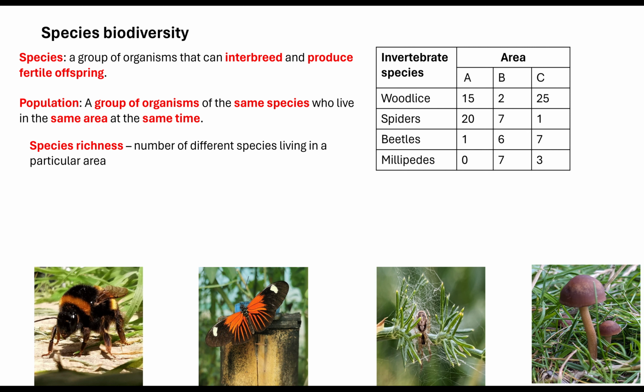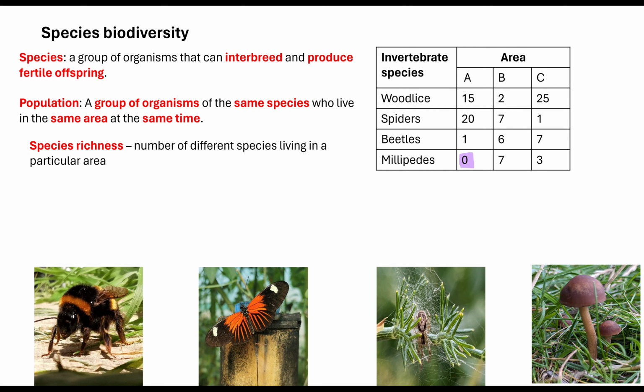Now, if we look, we can clearly see that there are no millipedes present in area A. However, in area B and C, each of the invertebrate species is present. Therefore, the species richness of area A is the lowest because it only has 3 invertebrate species present, whereas B and C both have 4.